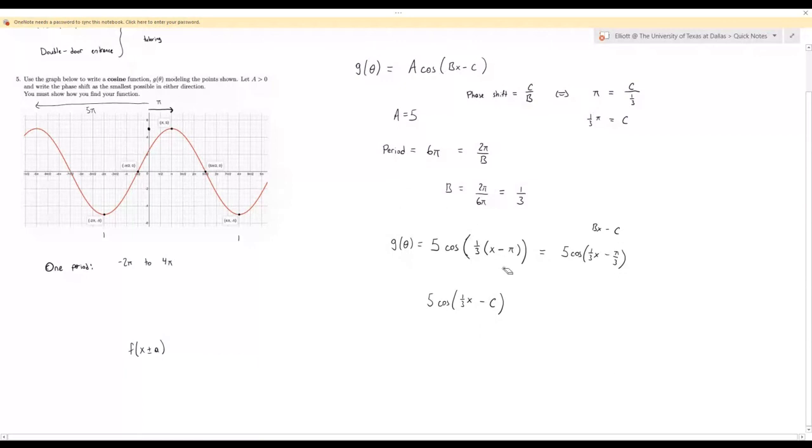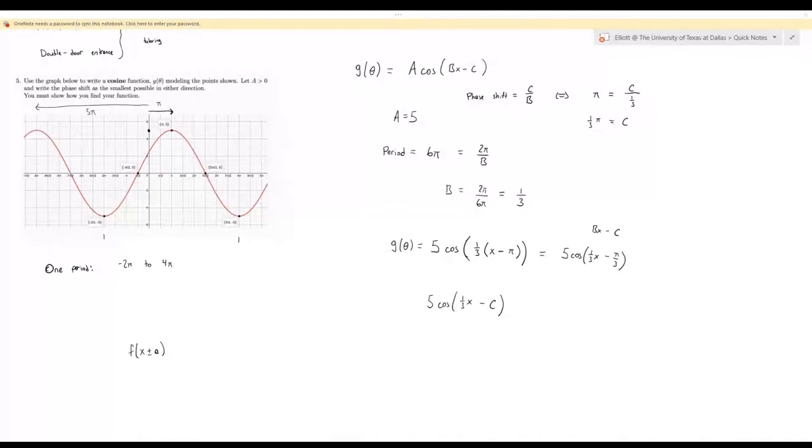So I wanted to write it in the form where we had x plus or minus something, and the shift being pi to the right, that's why you subtract pi from the x. But to do it correctly, it's subtracting only on the x to get the shift, and then you have to distribute the 1/3 to get the c, if you will. Okay.